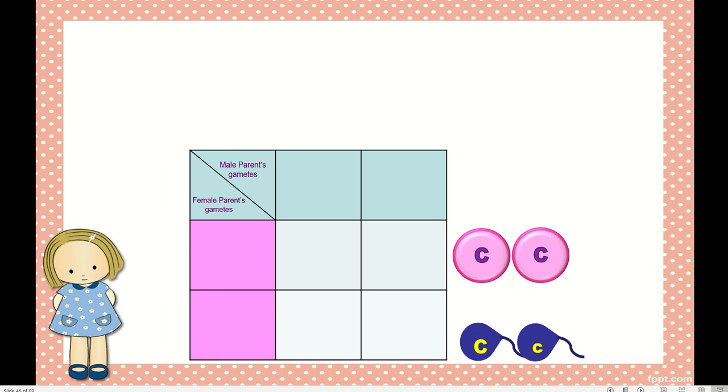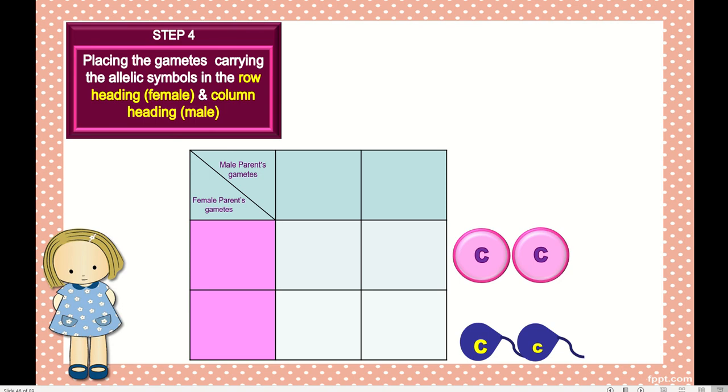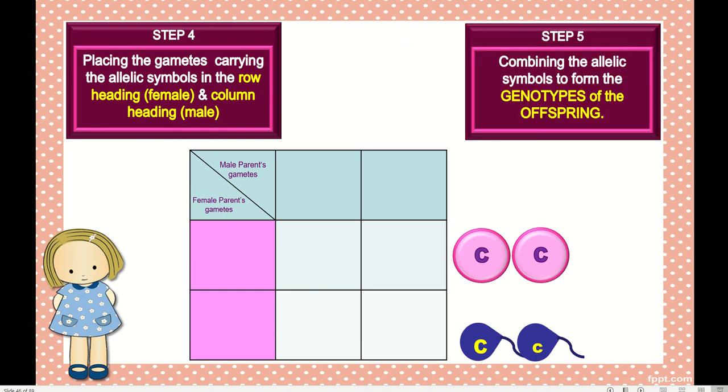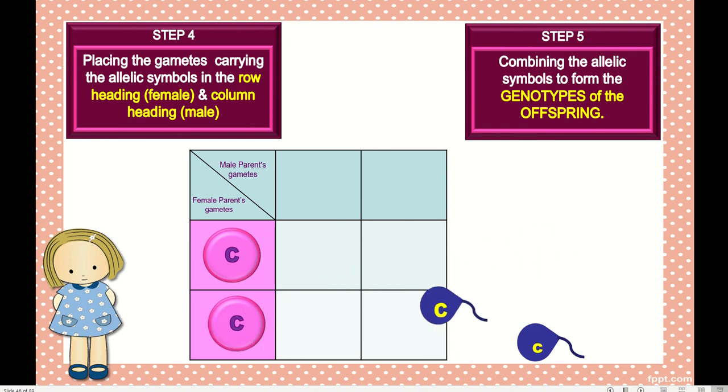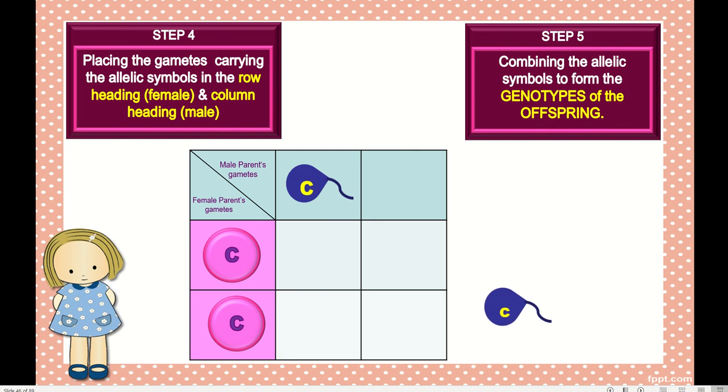Step 4: place the gametes carrying the symbols in the row heading for the female and the column heading for the male. Step 5 is simply combining the alleles of the parents. Now, step 5, all you have to do is combine the gametes.